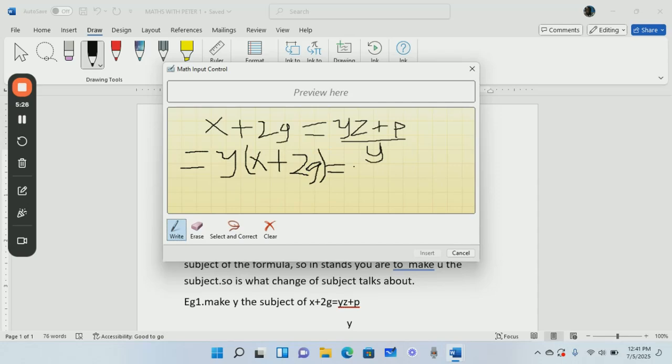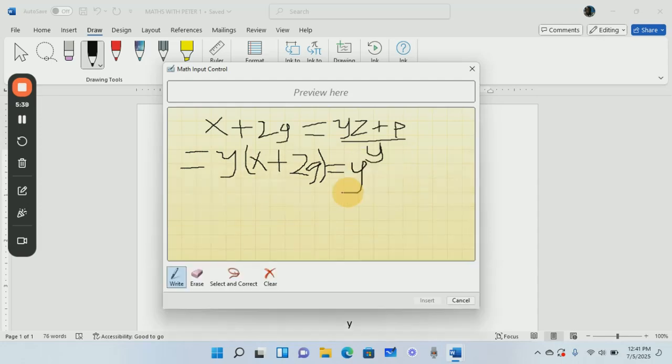On this side, we have y already. If we multiply by y throughout the equation, we will only have the numerator there, which is yz.